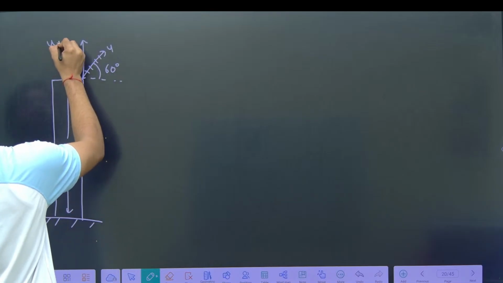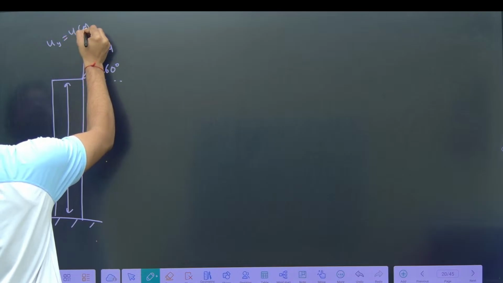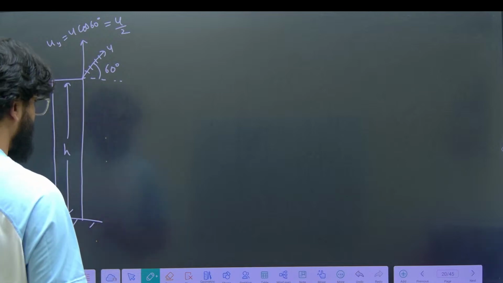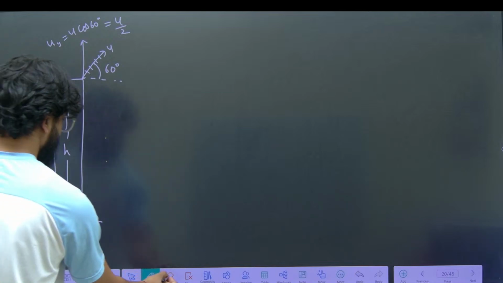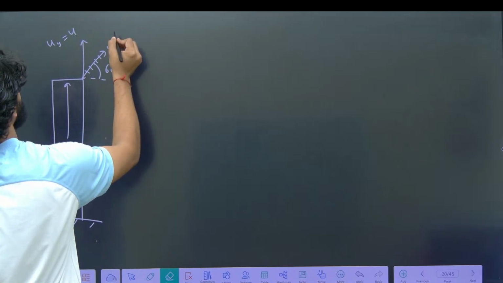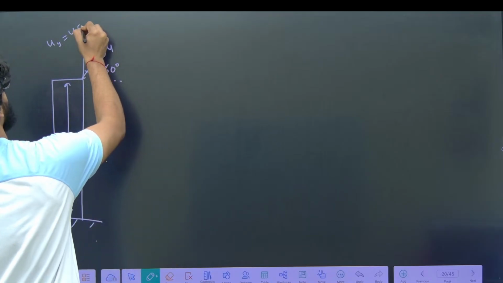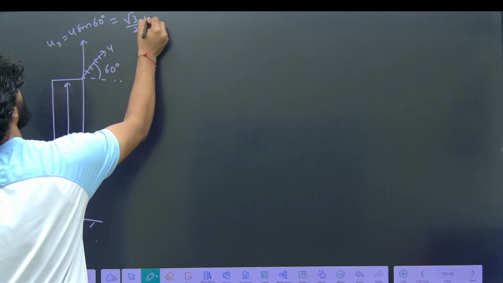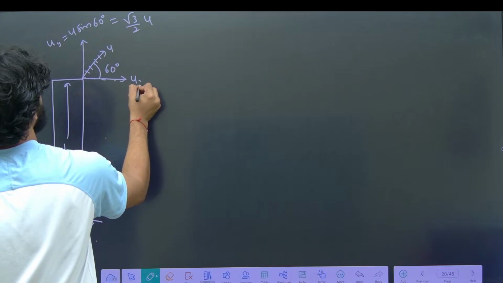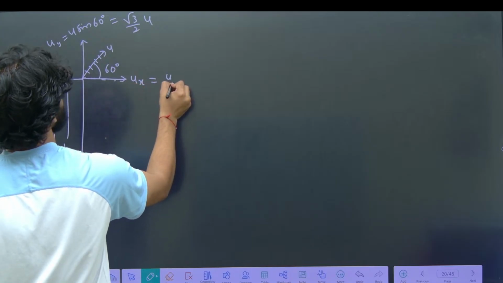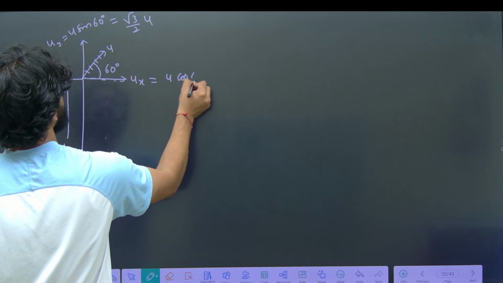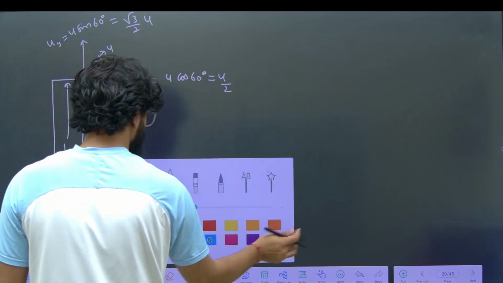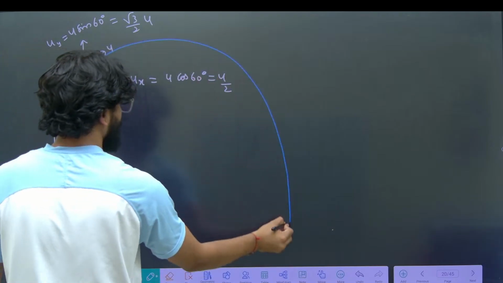So uy will be u sin 60, which is root 3 by 2 u, and over here it will be ux, which is u cos 60, and that will be u by 2. Okay, correct. So projectile will happen somewhat like this.